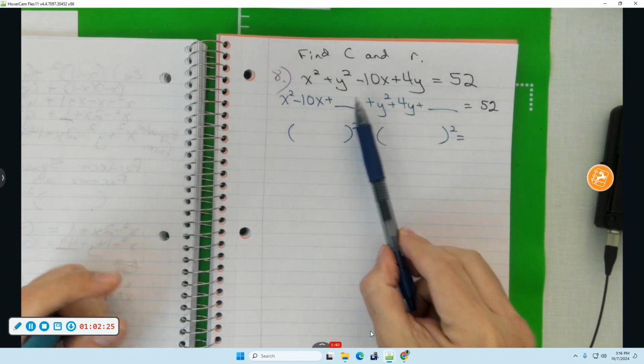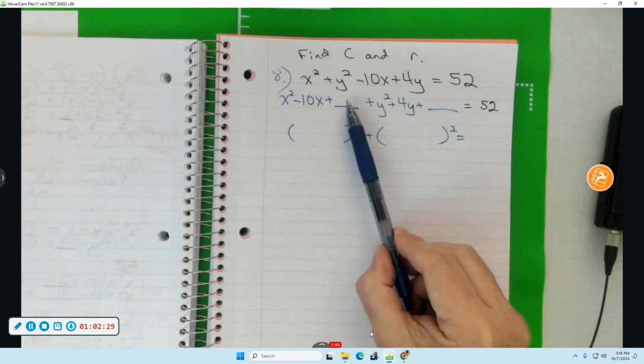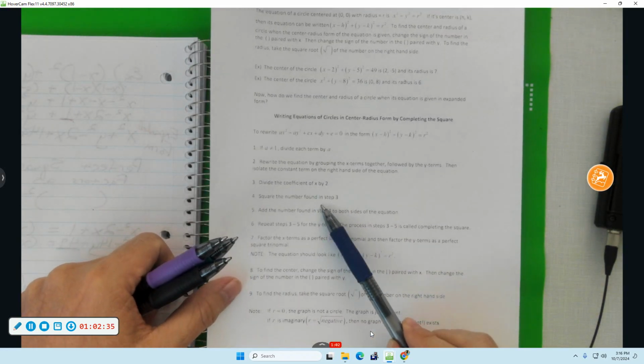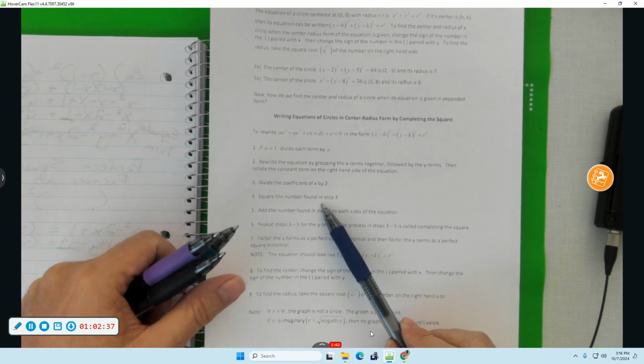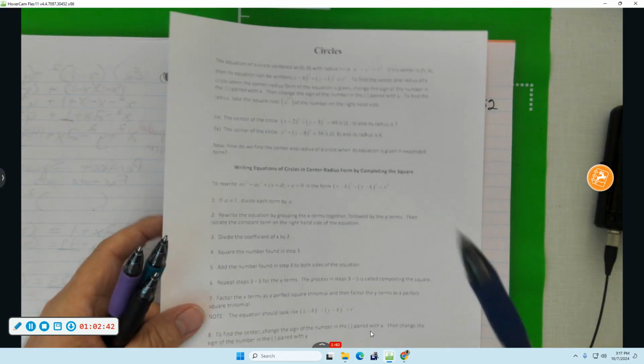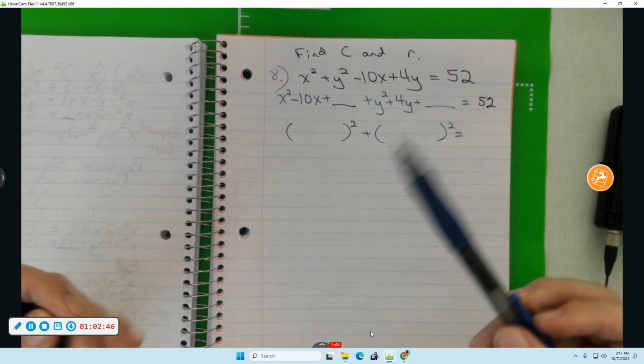What number are we going to have to put there to create that perfect square trinomial? That's steps 3 and 4. Step 3, divide the coefficient of x by 2. Step 4, square the number found in step 3. Once again, this document is under Files on Canvas, so you can have a nice, clean digital copy, a lot easier to read.